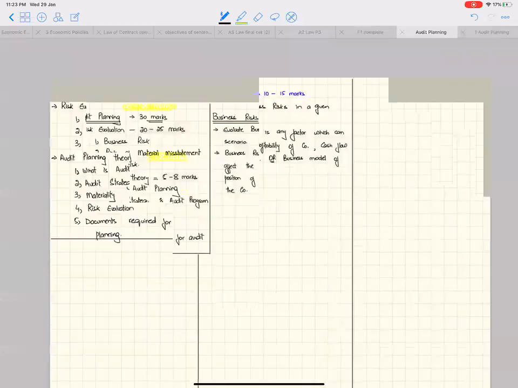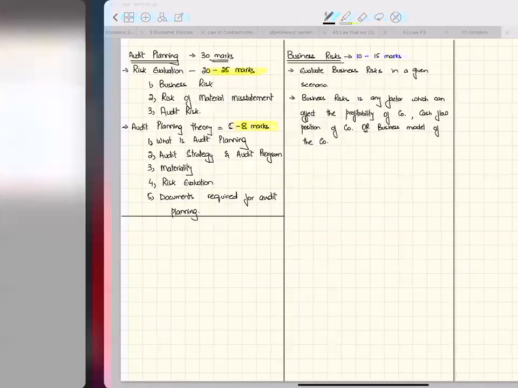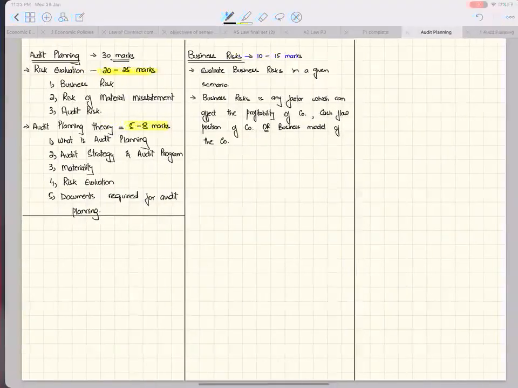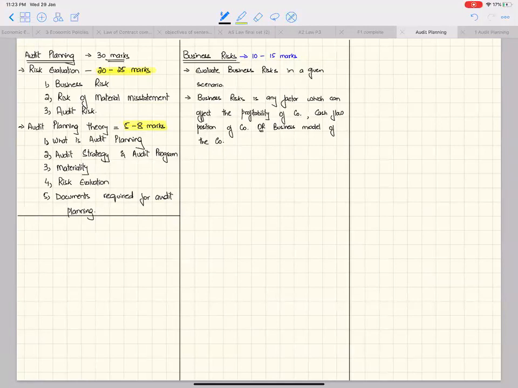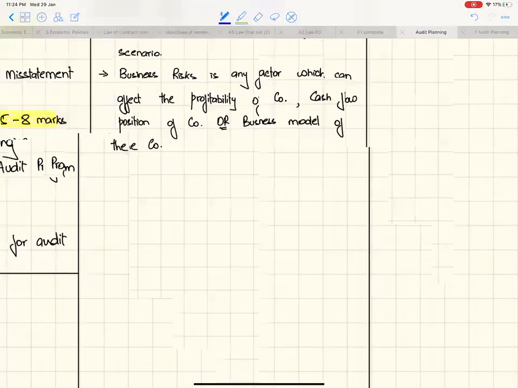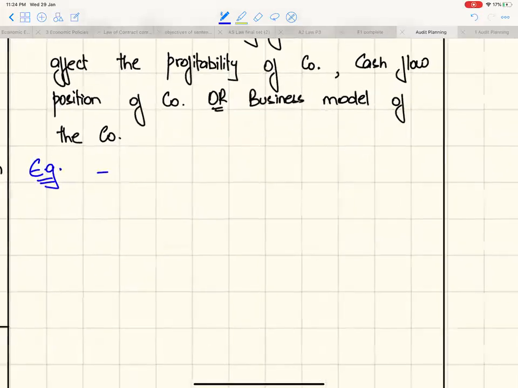Okay, now, what can be the examples of business risk? For example, if an organization is importing a key raw material, it is a business risk that due to exchange rate movement, its cost may rise. If the organization is dependent on some employees, then if that employee leaves the company, it is a business risk. Import of raw material is a risk.